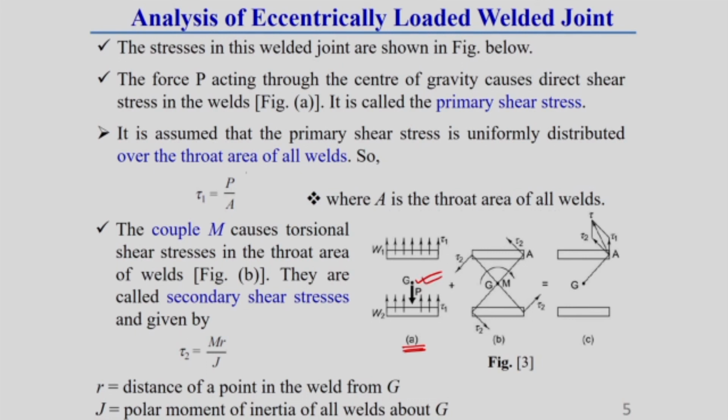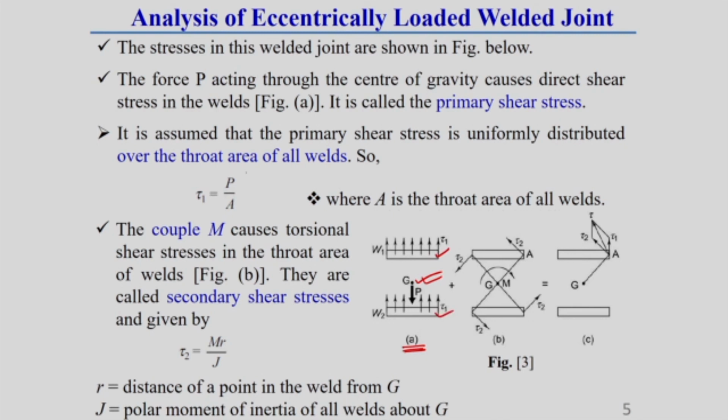Now, what is the definition of stress we know? To resist this externally applied load, the resisting force developed, per unit cross sectional area, is called stress. So, inside the weld, let this be weld 1 and this be weld 2.